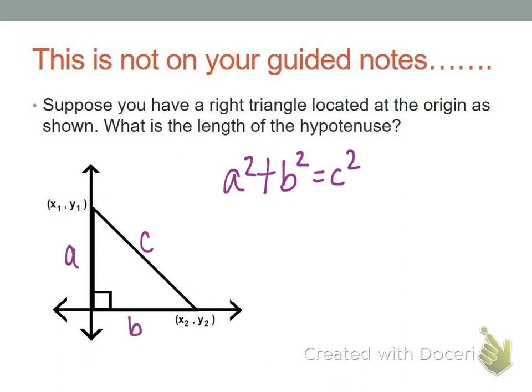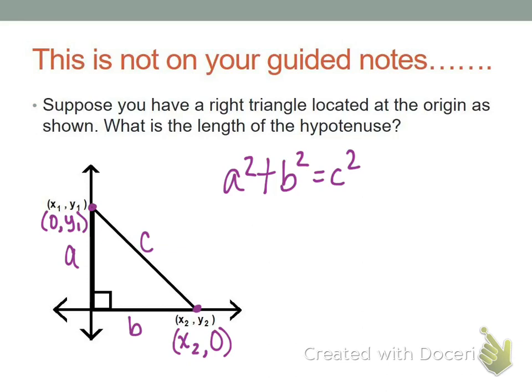What's special if our right triangle is at the origin is that this point, instead of being called x2, y2, we could just call it x2 comma 0 because it's on the x-axis. Same thing with the point up here. This could just be 0 comma y1 because it is on the y-axis.